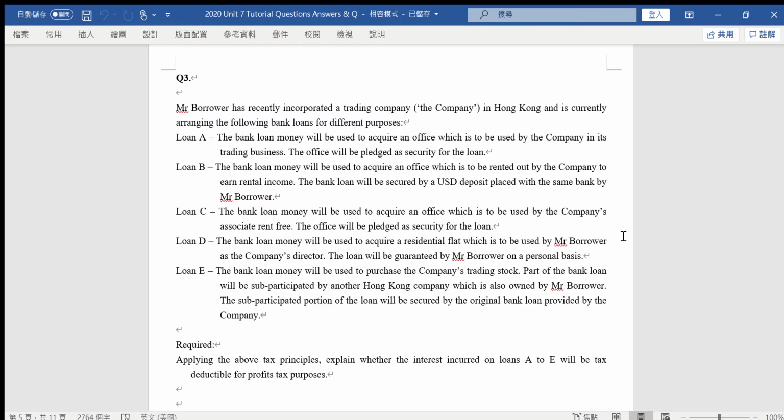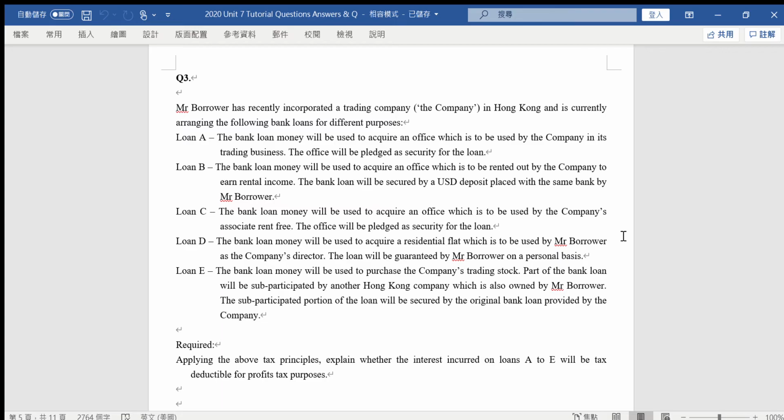That will be treated as a normal fringe benefit provided by the company to their senior staff. That will be treated as being incurred in the production of assessable profit, and that's why the general deduction rule is fulfilled.